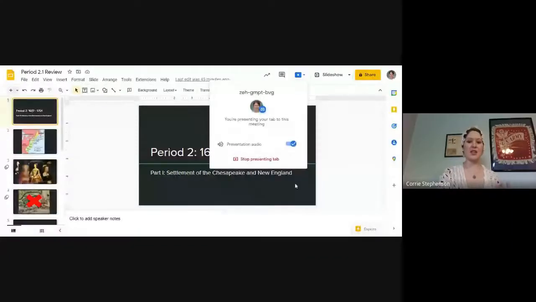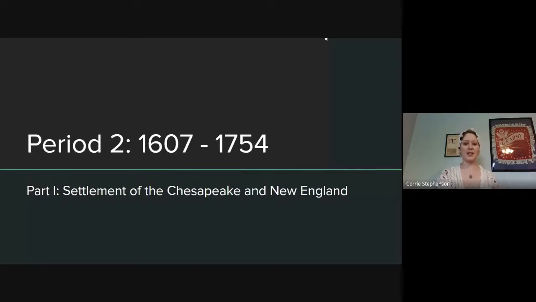Our first one is going to deal with settlement of the Chesapeake and New England. Then in our next one, we'll take a look at the restoration colonies. And then the final video will be taking a look at the culture of British North America.